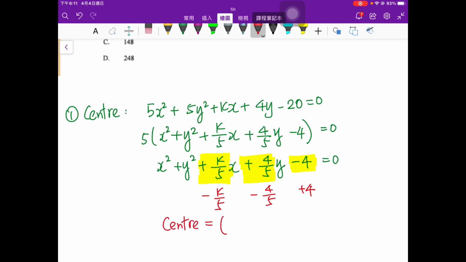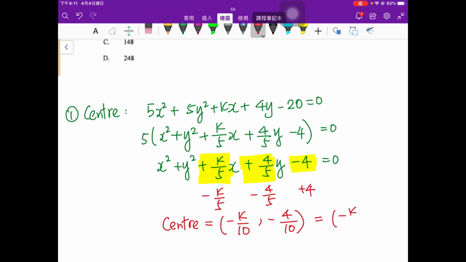The center equals minus k, because the number should be divided by 2, so over 10, and minus 4 over 10.